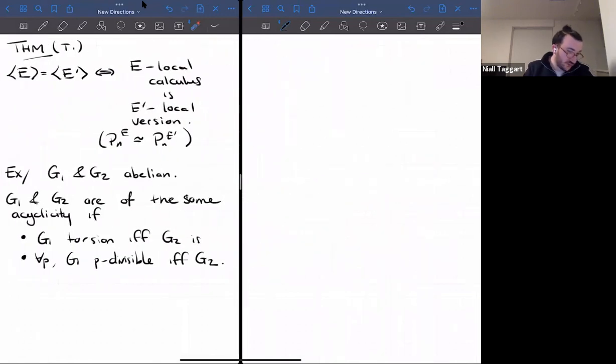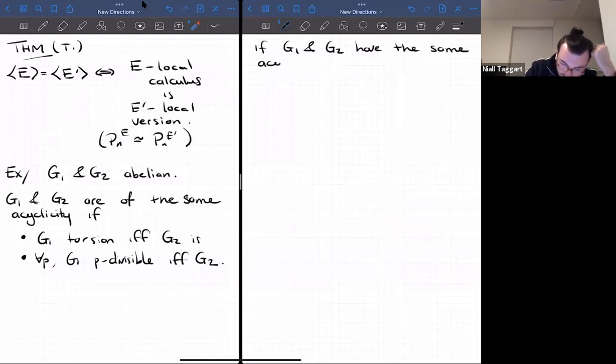And so you can use this and the last theorem to say that if G1 and G2 are of the same acyclicity type, then look, the Moore spectrum of G1 and the Moore spectrum of G2, I guess this is actually a result of Bousfield.